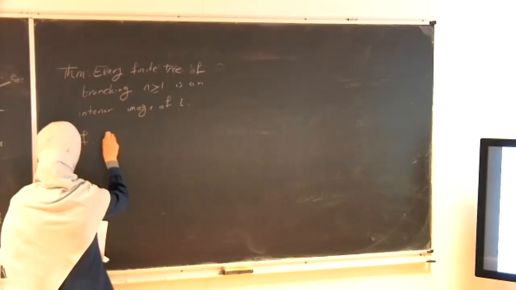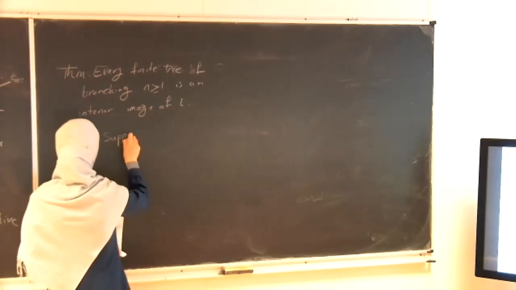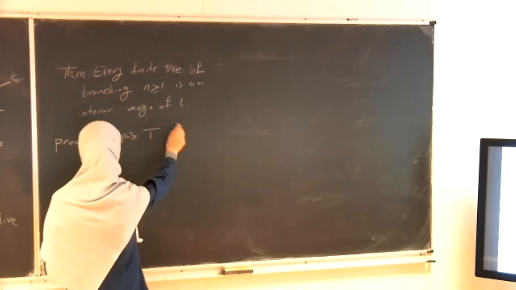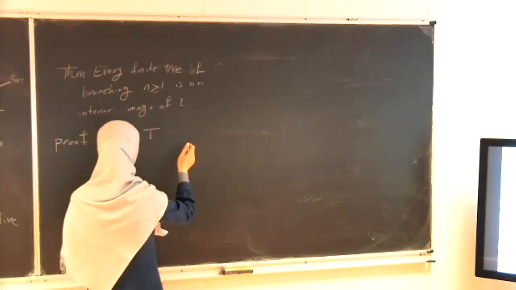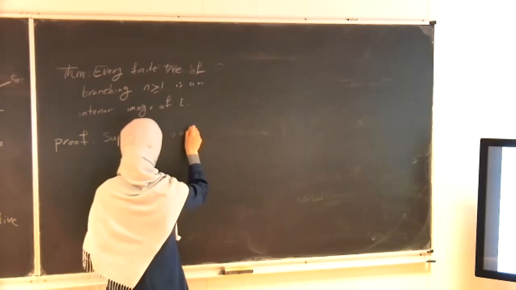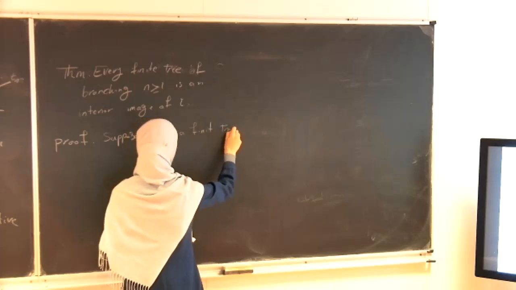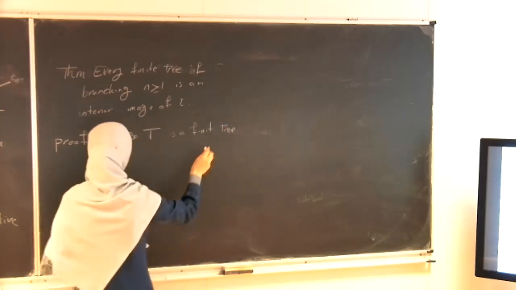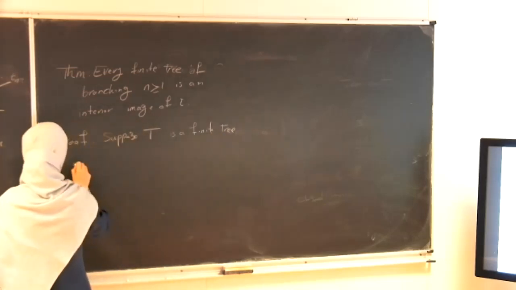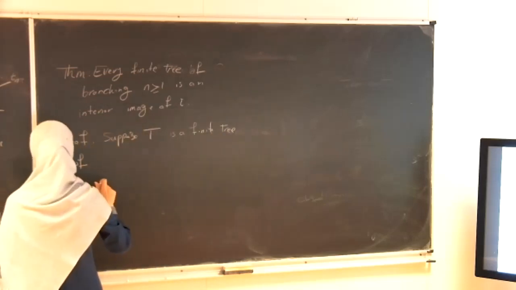Suppose that T is a finite tree of branching n.